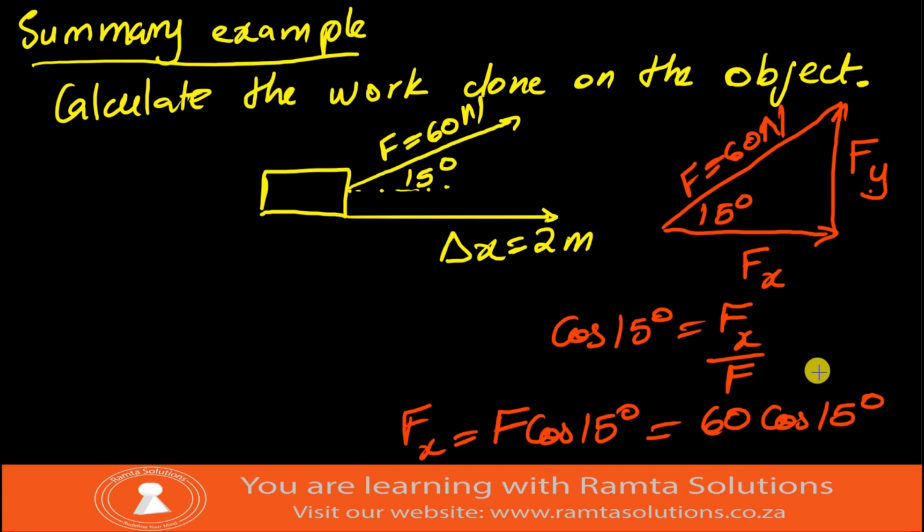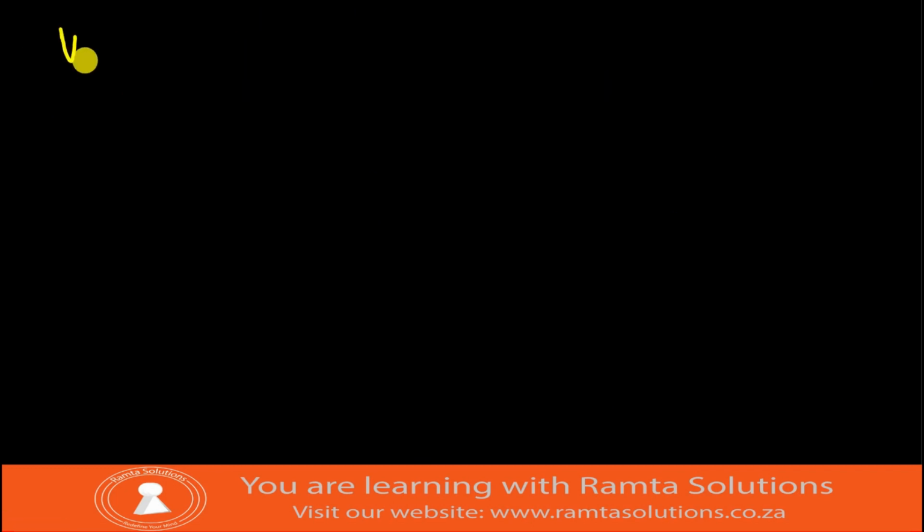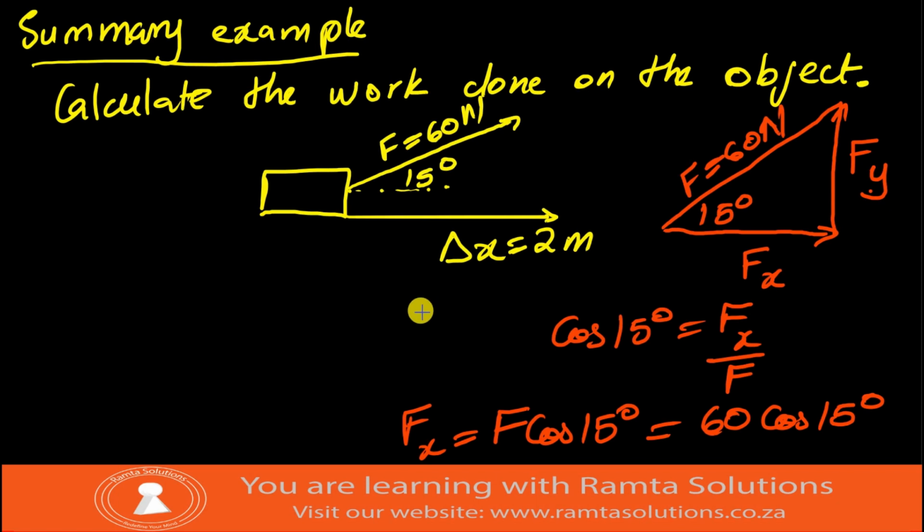So let's now calculate the work done. The work done is F delta x cos theta. This F here represents the horizontal force, do not confuse it with the F given here.